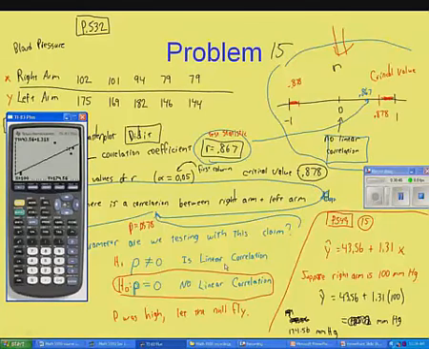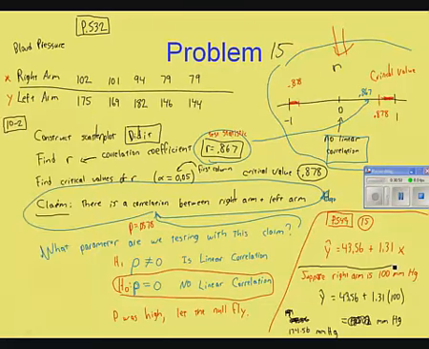Where did I get the 100 from? Well, you have to decide. It either goes in for X or for Y. So how do I know it goes in for X? Look at the original chart.